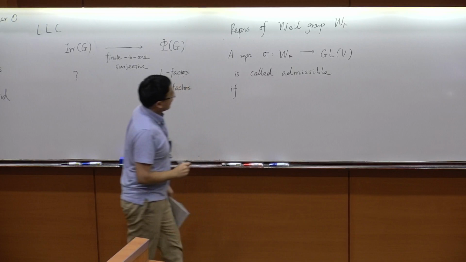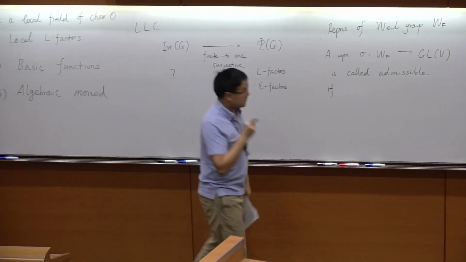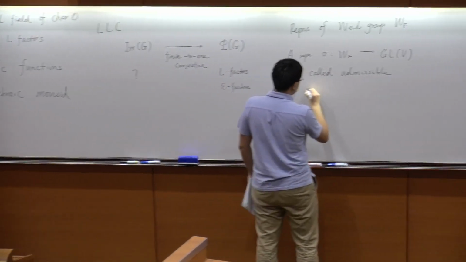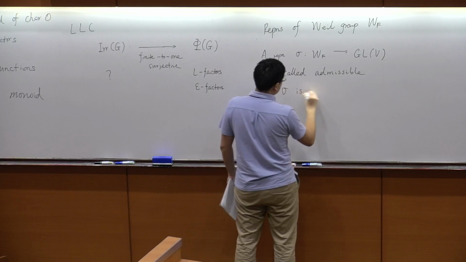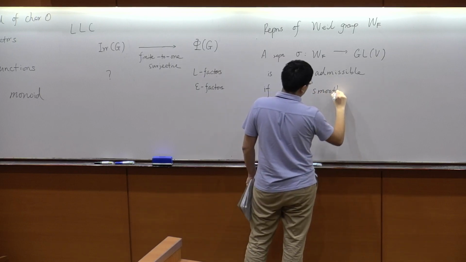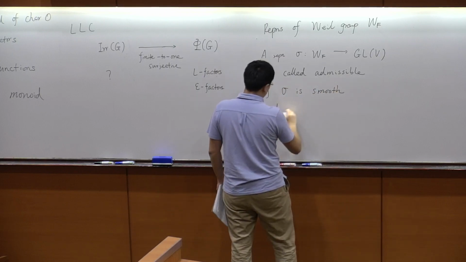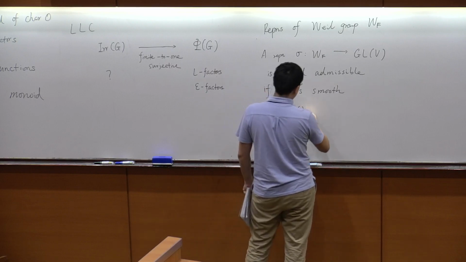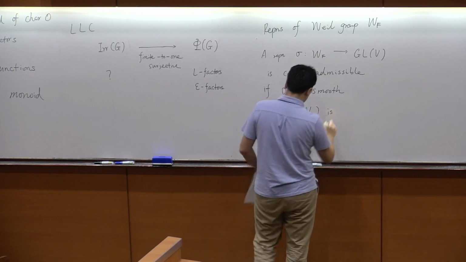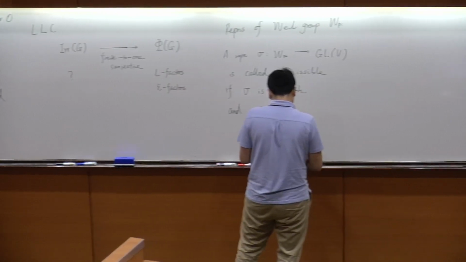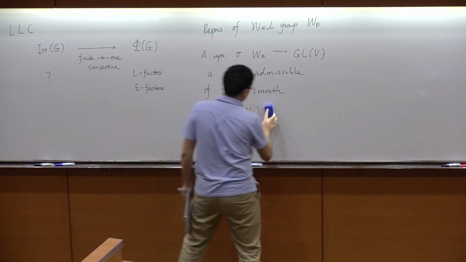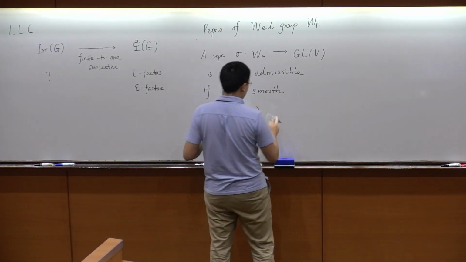Okay, and I'm going to recall Wittek's definition from the morning. We need this sigma to be smooth, and also the image consists of semi-simple elements.